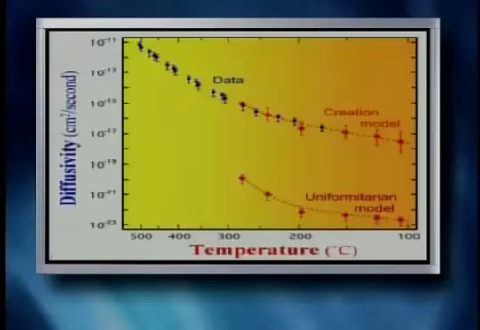But we plotted that data, and then we put on that same graph an estimate of what we would expect if it had happened in 1.5 billion years and in a 6,000 year period of time. Those are the two models you see there. At the bottom is the uniformitarian model, which was the 1.5 billion years.